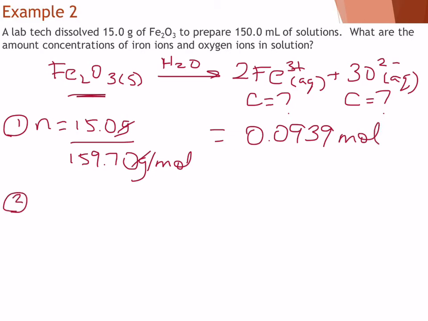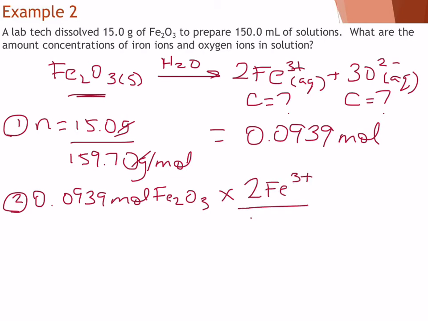Step two is to use the mole ratio to convert from our known number of moles. And so that's our moles of iron 3 oxide times, and then we're going to start with the iron ion. So we do 2 Fe3+ over 1 Fe2O3. So our moles of Fe2O3 cancel out, and we are left with 0.188 moles of our iron ions.